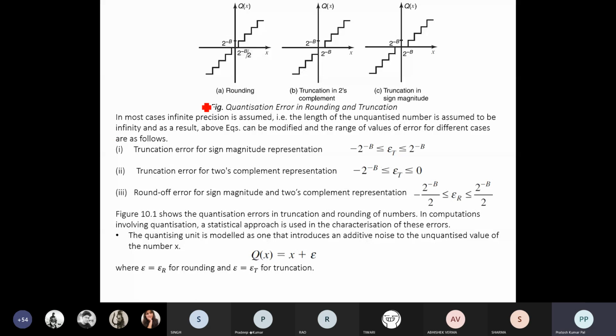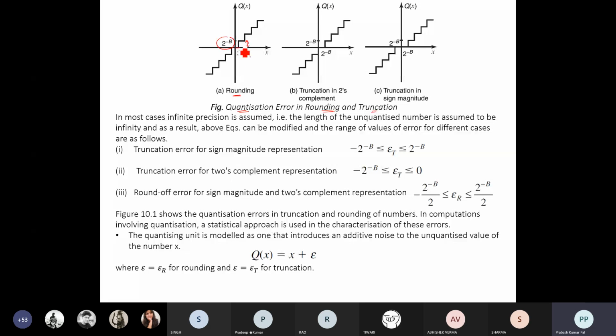Okay, so for quantization error in rounding and truncation, this is how the different errors will be taking place. In terms of rounding, the maximum quantization error will be 2 to the power minus b. Okay, so this error will be the maximum, and in terms of the x value, we are going to see this value as 2 to the power minus b by 2.